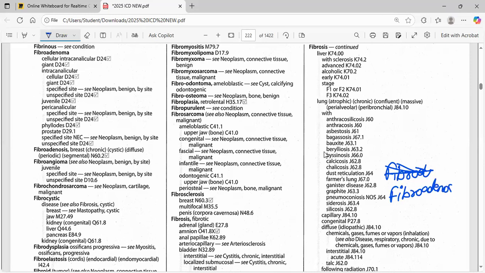So tell me what will be the code for fibroadenosis. So the code for fibroadenosis will be N60.2. Here we have the fibroadenosis and our code should be N60.2.